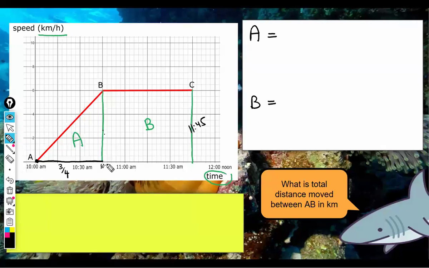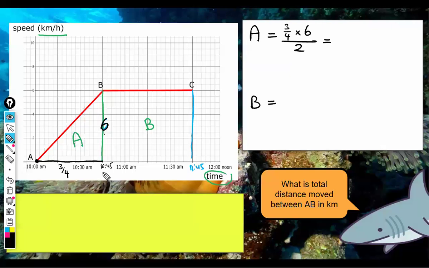So this is 10:45, and here's 11:45, right? And how much is the height? The height is 6. So for the triangle, it's base by height divided by 2.